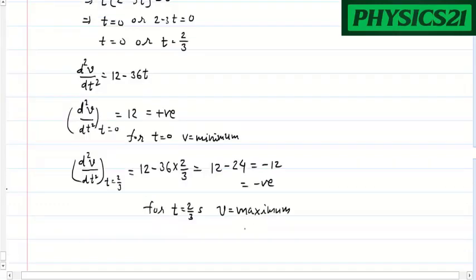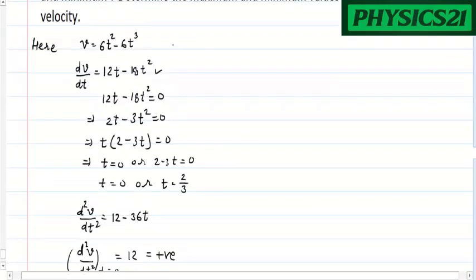We can also find out the values of minimum and maximum velocity by substituting t equal to 0 in the given function for minimum velocity, and t equal to 2 by 3 in the given expression for maximum velocity.